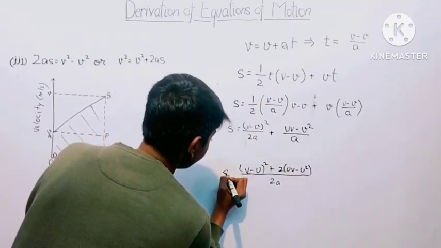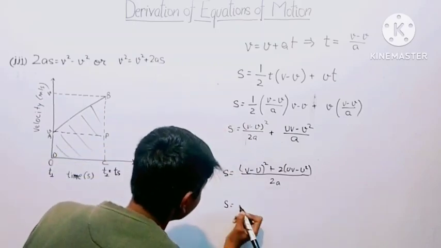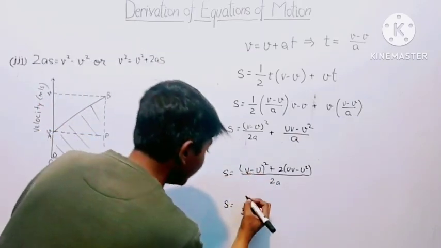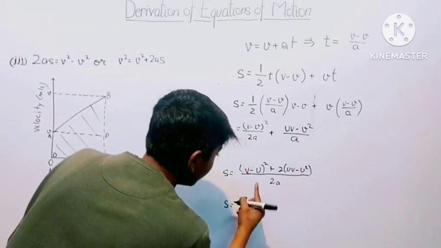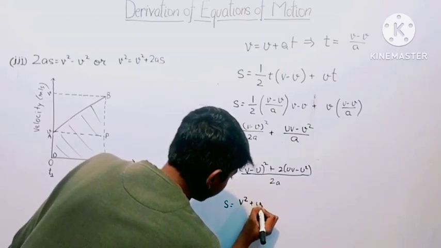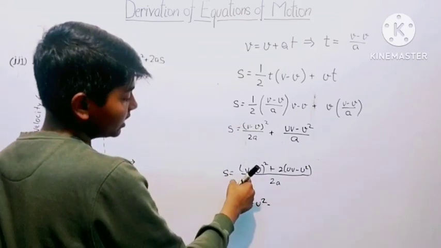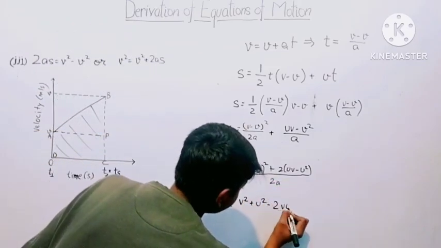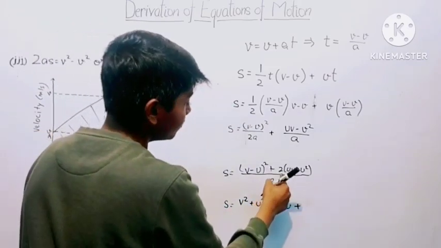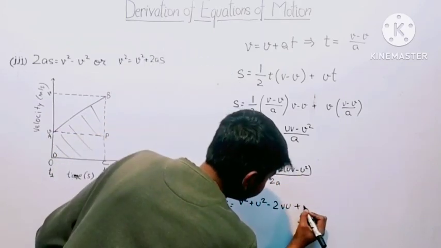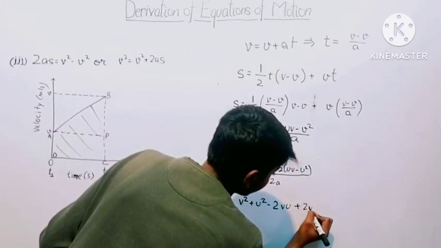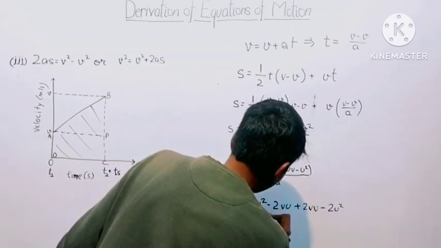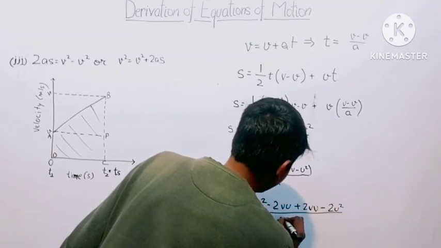So now we will get s is equal to, and if you remember, (a minus b) the whole square is equal to a square plus b square minus 2ab. So v square plus u square minus 2vu, and here we will get plus 2uv, or we can also write it as 2vu minus 2u square, upon 2a.